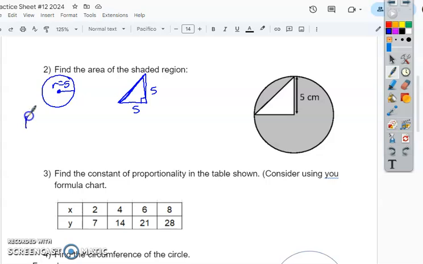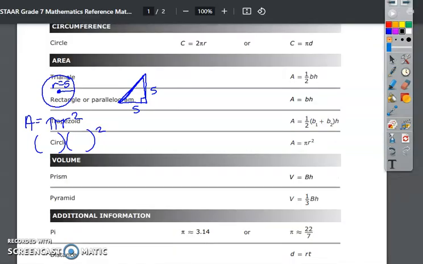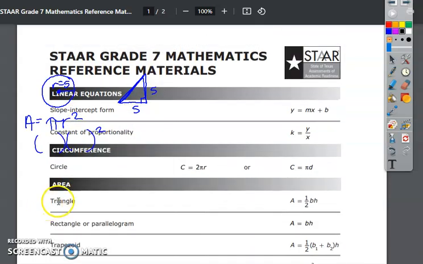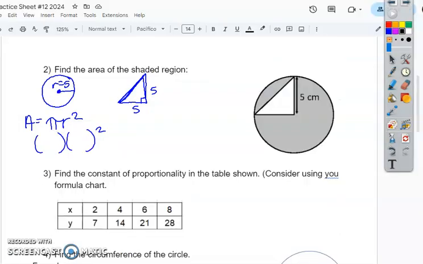It's a full circle, but there's a piece missing. I'm going to let you do that. Then for a triangle, right here, A equals half BH. So we're going to work on this one together.